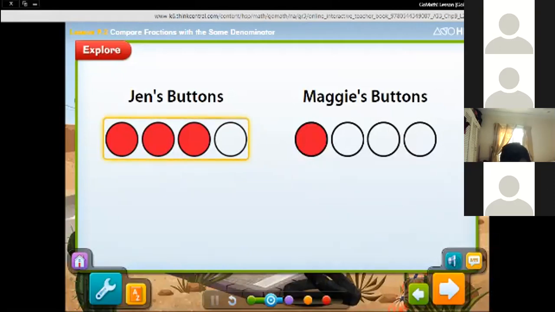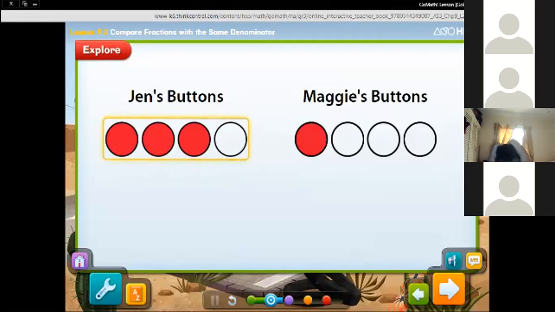Thanks. Yazan, what fraction of Maggie's buttons? How many red buttons for Maggie? 1. So it's only 1 over how many buttons?